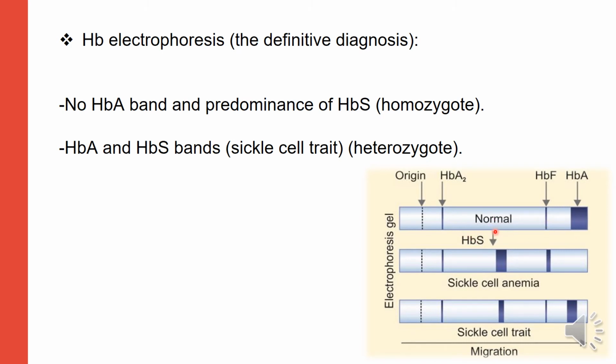This will have HbA, HbF, and HbA2, while a patient with sickle cell anemia will have no HbA, only HbF, HbS, and HbA2, while a patient with sickle cell trait will have HbA, HbF, HbS, and HbA2.